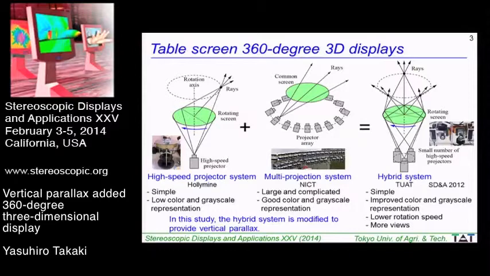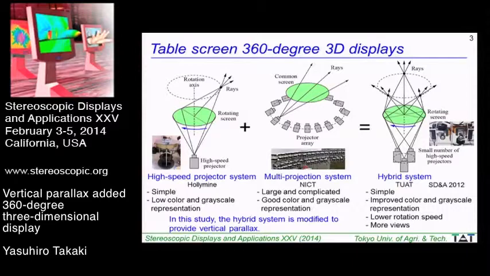However, the high-speed projector usually has low color and grayscale representation. The merge projection system consists of a large number of projectors and a common screen. Because ordinary projectors can be used, they have good color and grayscale representation. However, the system is large and complicated.